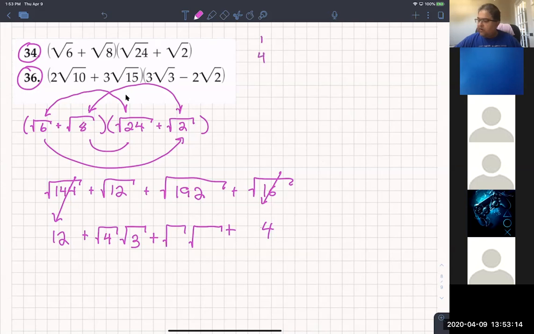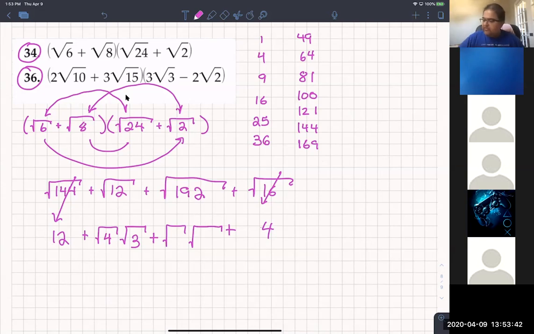1, 4, 9, 16, 25, 36, 49, 64, 81, 100, 121, 144, 169, and so on. Could you do 12 times 16, because 16 is a perfect square?